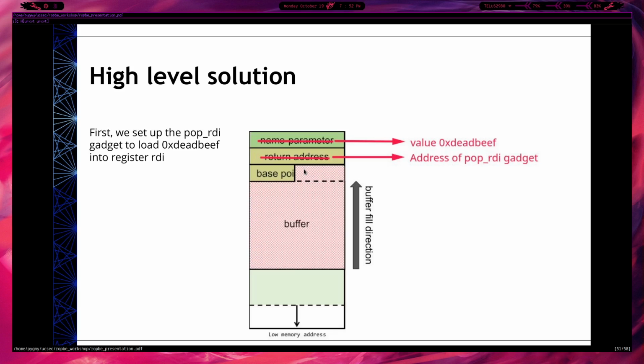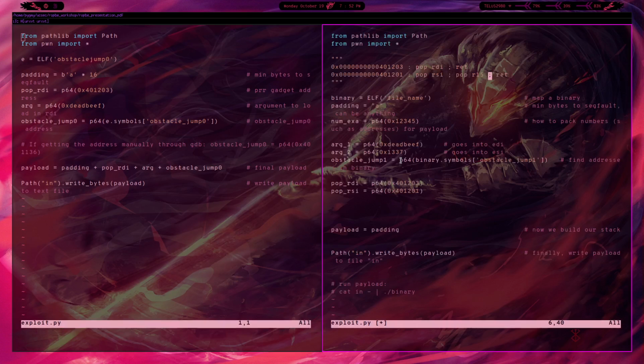Honestly, the order, like which gadget you set up first, doesn't really matter as long as you set it up properly, right? But first we want to put the address of a gadget, such as pop RDI, and then the value. So let's go and do that.